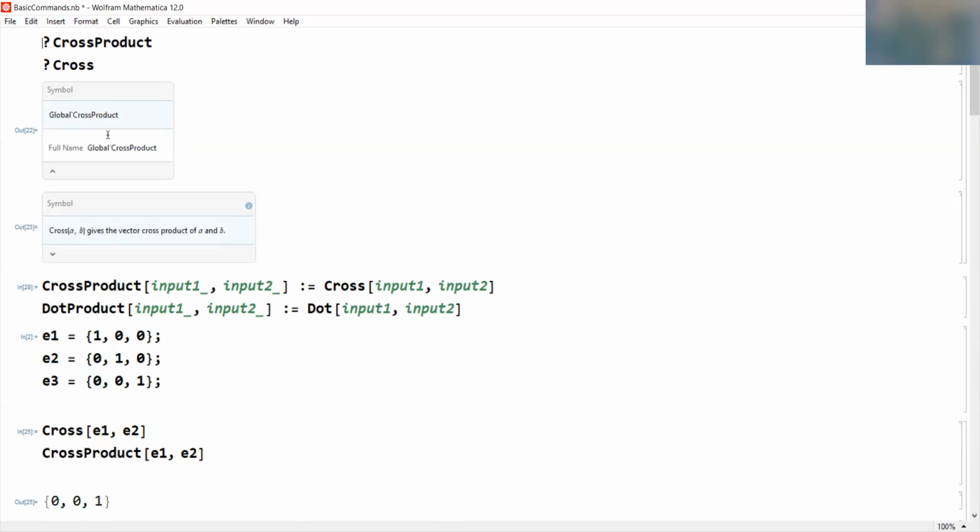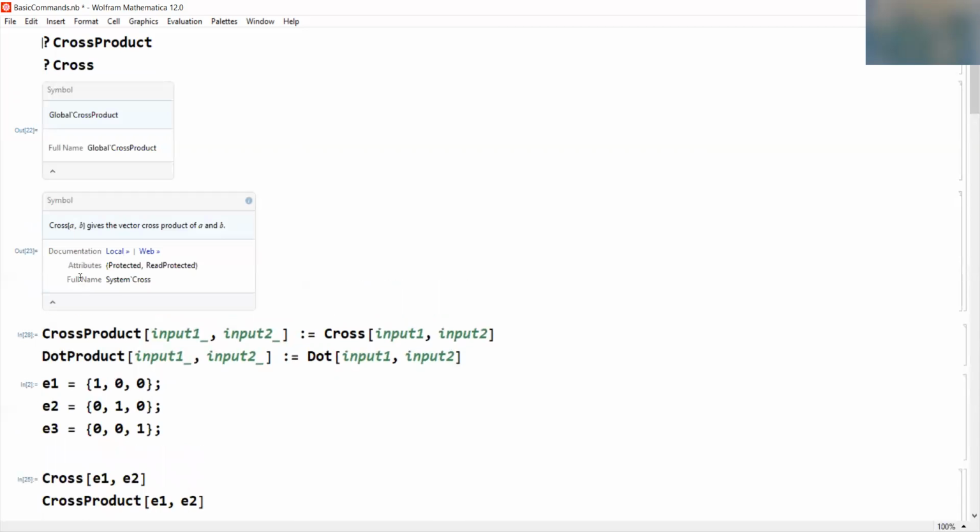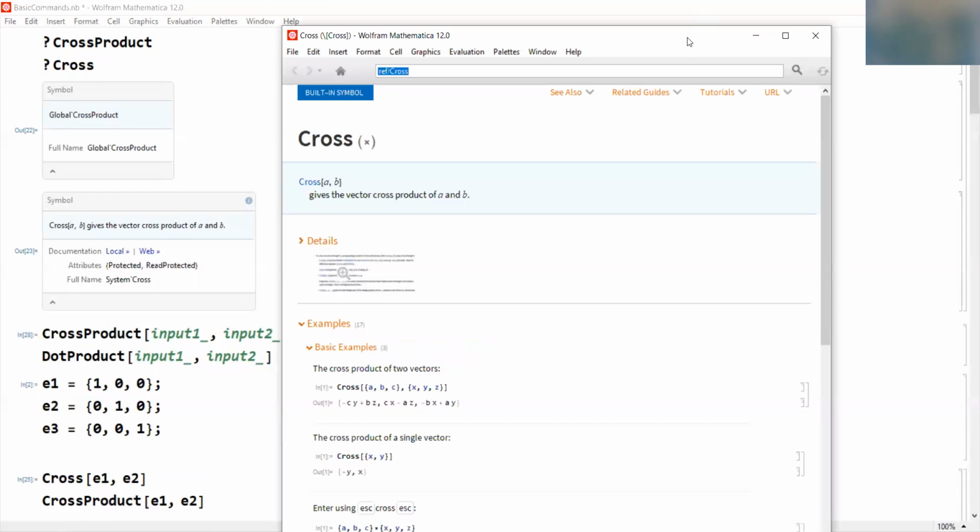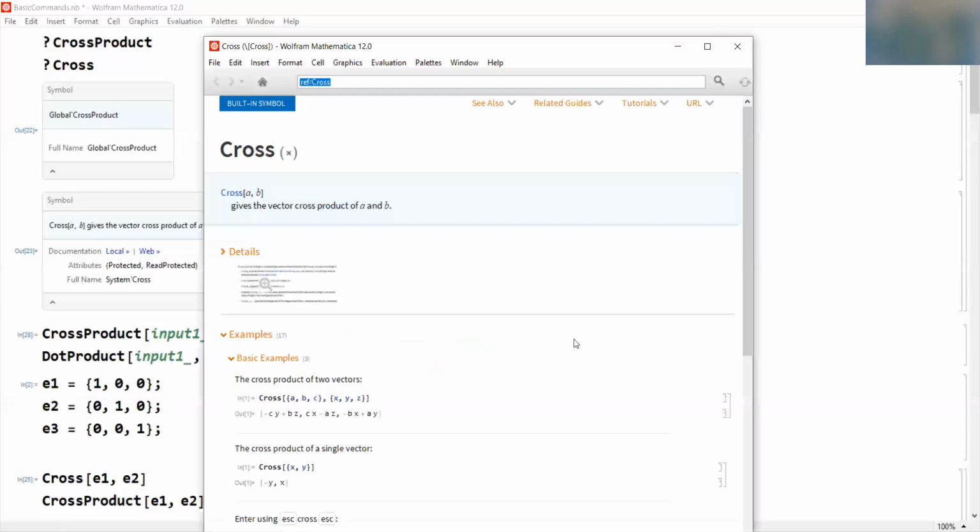It says it doesn't really understand what cross product is, but cross gives the vector cross product of A and B. If you click on the bottom, it expands it out and gives you a little bit more local documentation, web documentation. If I hit local, it will open up a new window. I'm not sure if that will actually be broadcast on this thing over here. And then you have details, you have examples.